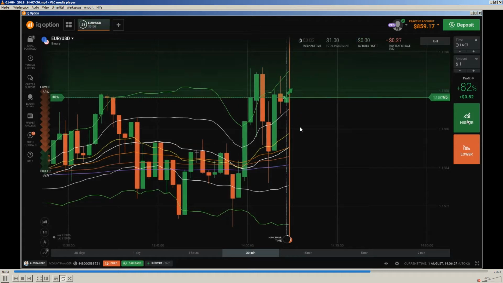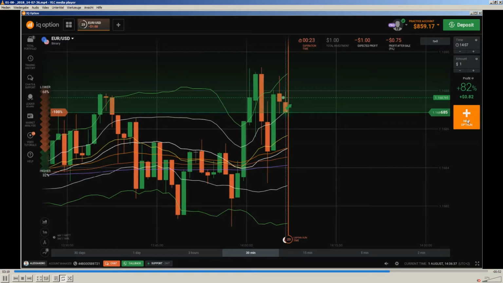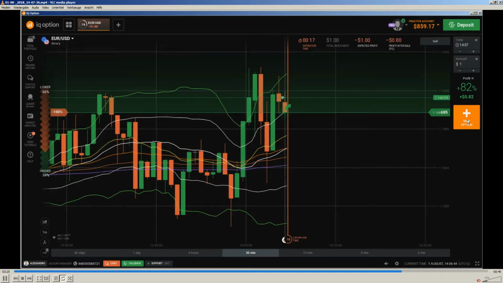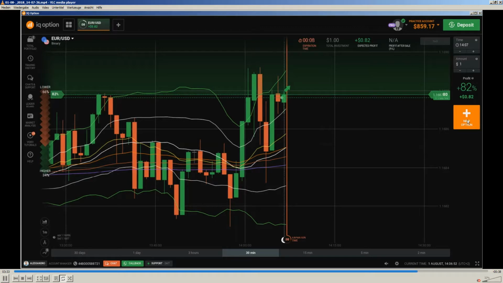And because of this momentum, because in the last second price pushed up, first of all it looked like a reversal, but after I saw the strong momentum upwards, I understood that price has a lot of buying pressure, and because of this I tried to go into a call, expecting a trend continuation.